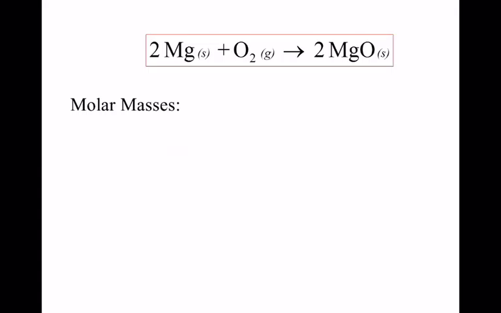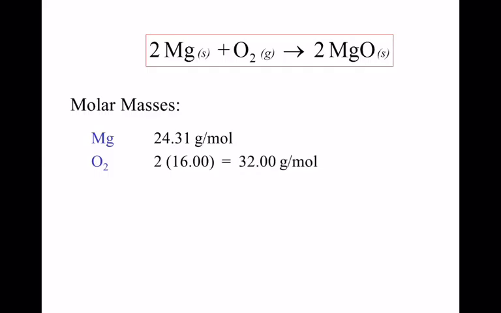And so using the periodic table, I'm going to go ahead and knock out the molar masses of everything. The molar mass of magnesium is the decimal number for magnesium on the periodic table, 24.31 grams per mole. The molar mass of molecular oxygen, O2, we take 2 times the decimal number of oxygen, 16.00, for a total molar mass of 32.00 grams per mole.